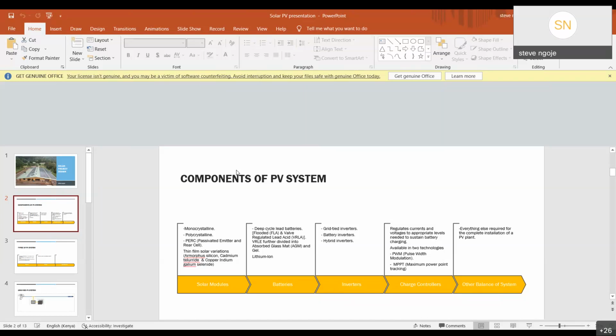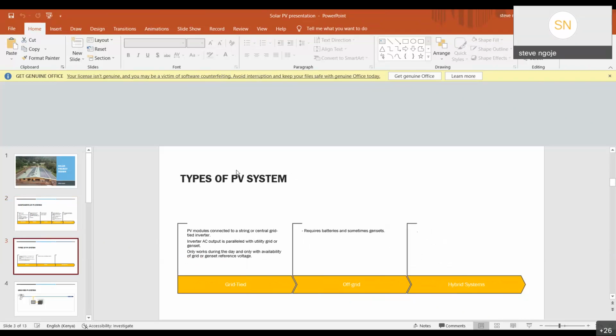So anything else that you would need for the efficiency and the best work of your solar PV system will fall under there. These are your cables, your switchgear and protection, everything else that you'll need, the consumables, whatever it is.